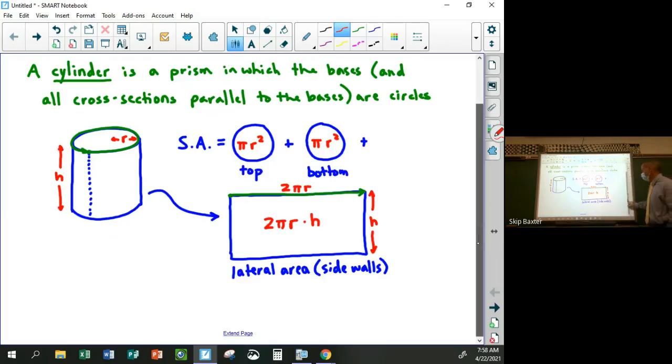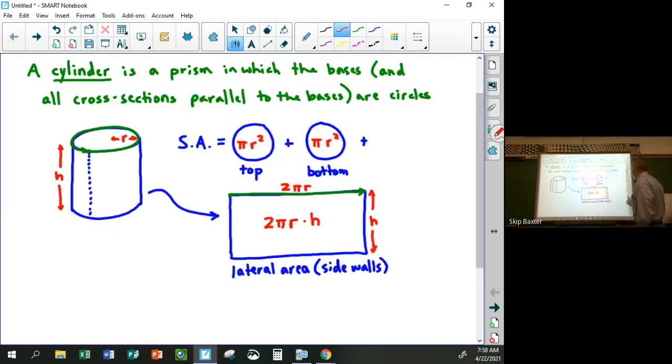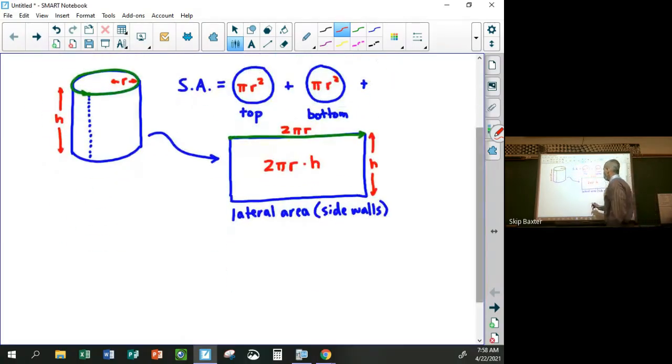Okay, so if I summarize all of what I've written so far, I can say that the surface area is really equal to 2 times pi r squared, right? Pi r squared for the top, pi r squared for the bottom, 2 pi r squared, plus 2 pi r times h.